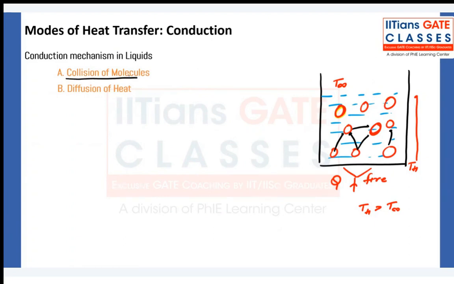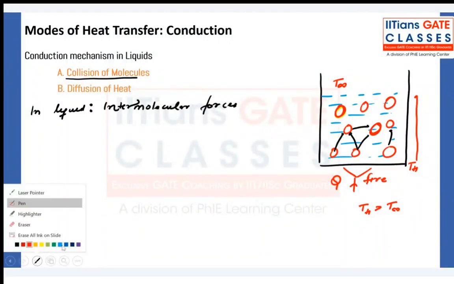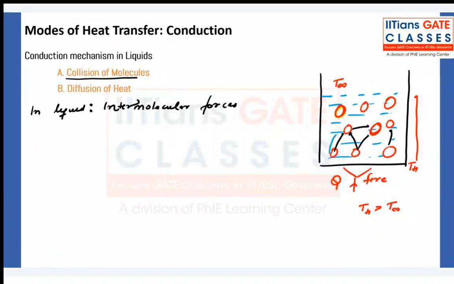Now what happens in liquids? We have intermolecular forces, right? Because of these intermolecular forces, when this molecule, for example, jumps from here to here, it is going to get attached and remain in contact with the other molecule for some time.